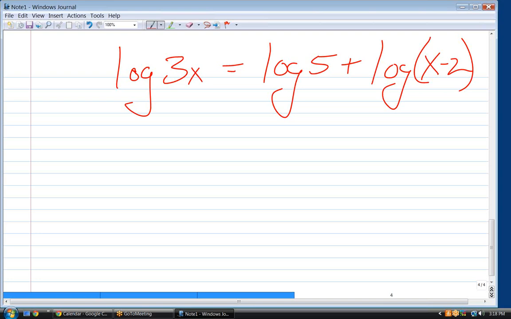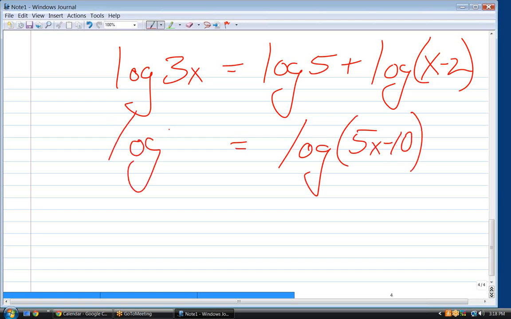So what is log of 5 plus log of x minus 2 equal to? Log 5x plus 10, or minus 10. Now what can I say?